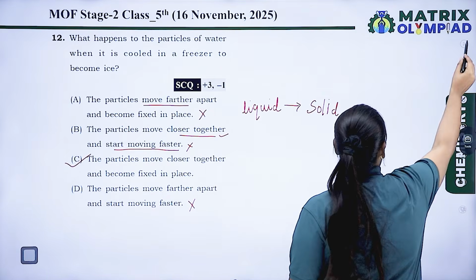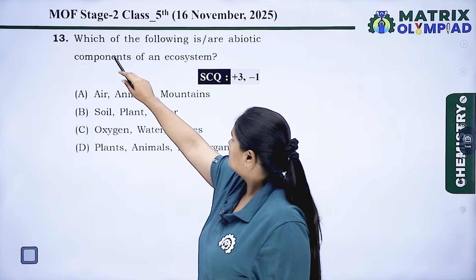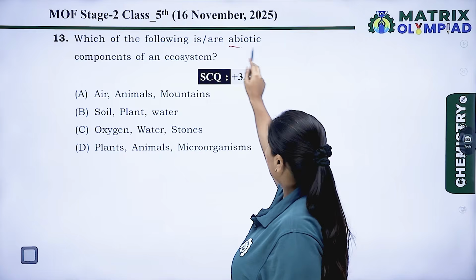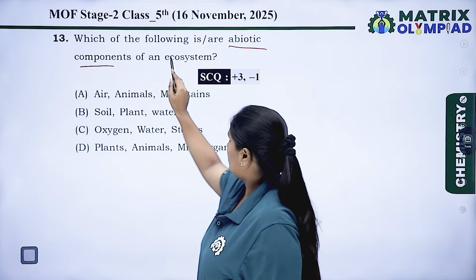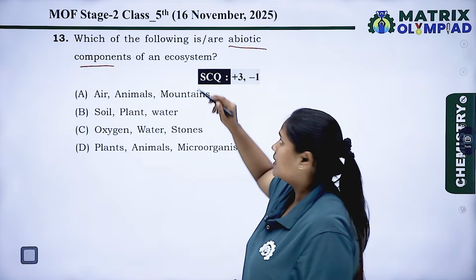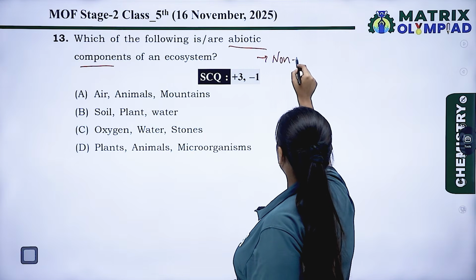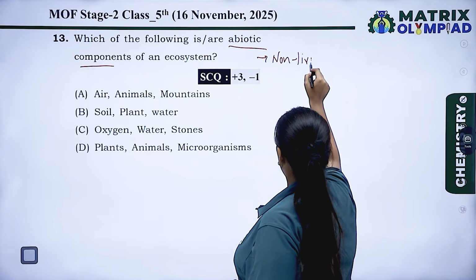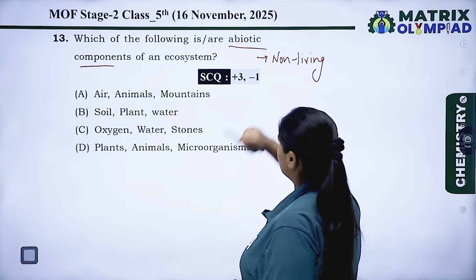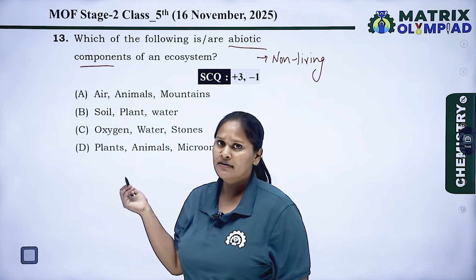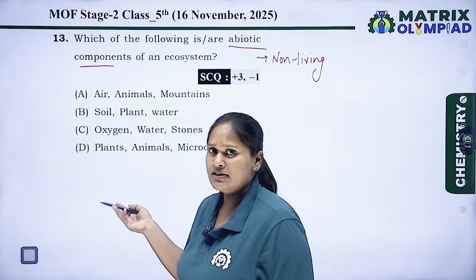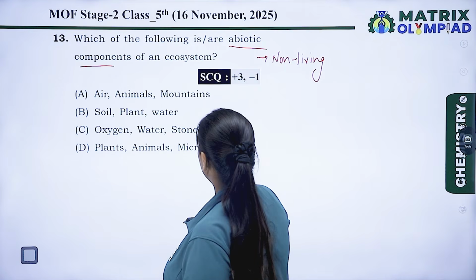Now come to the next. Which of the following are abiotic components of an ecosystem? Abiotic components means non-living components. So in options A, B, C, D, which components are abiotic or non-living?